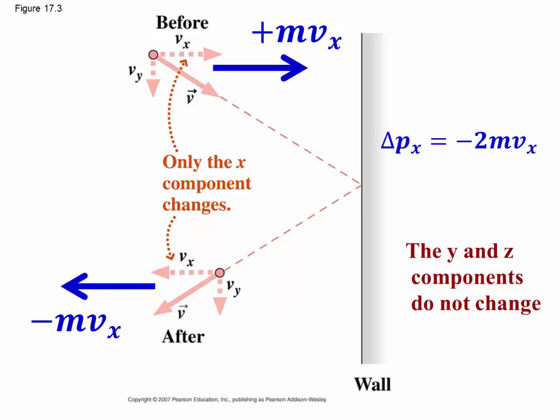The y component will not change because the force of the wall is normal, that is perpendicular to the wall. So what happens is that the momentum in the x direction is changed. As usual, final minus initial gives us negative mvx minus a plus mvx, or negative 2 mvx for the change in momentum. The y and z components of the momentum do not change.